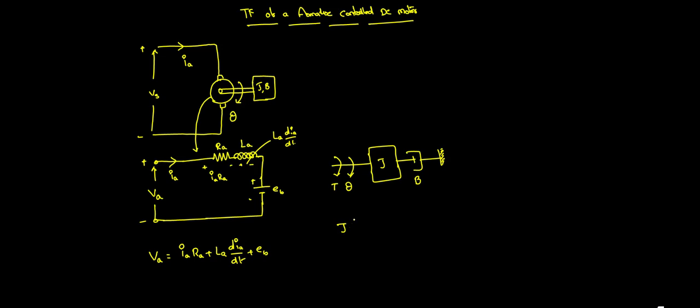Let me write the total torque T is equal to J d square theta by dt square plus B d theta by dt.